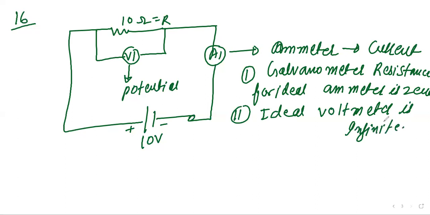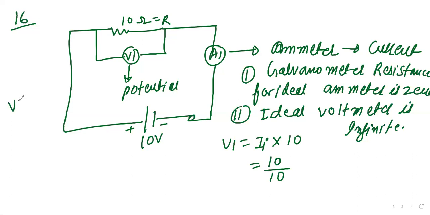What is infinite? Resistance. So V1 we will calculate as V1 equal to V equal to IR, so it is I1 into 10. The current is given by 10 upon 10.